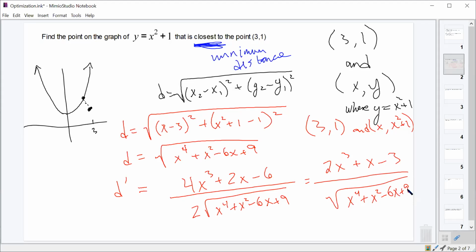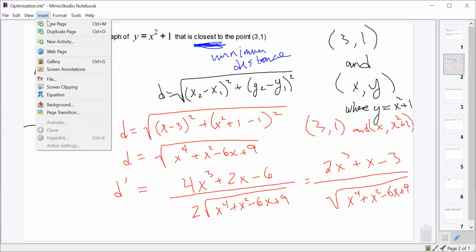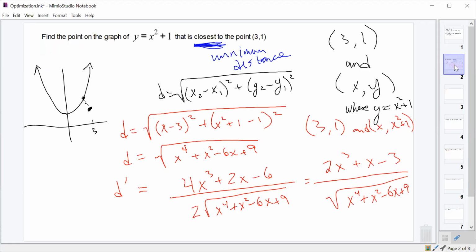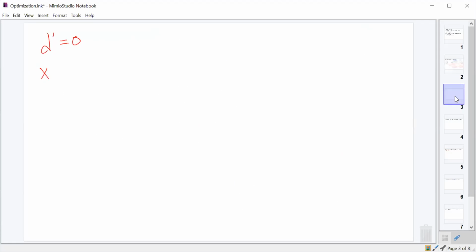And what do we want to know? We want to know when that's equal to 0 and when is that undefined. So first off, d prime equals 0 if the numerator is equal to 0. What was our numerator? 2x cubed plus x minus 3, right? 2x cubed plus x minus 3 equals 0.